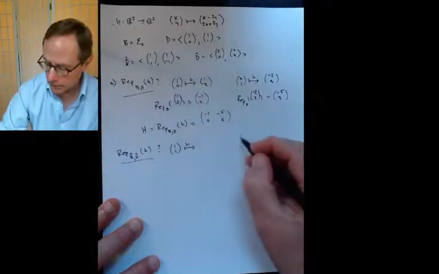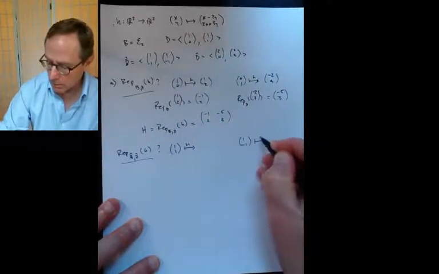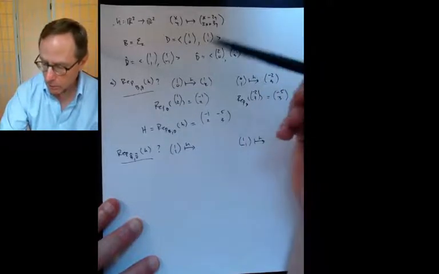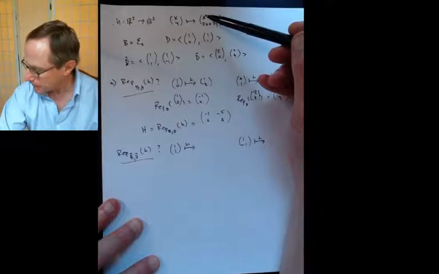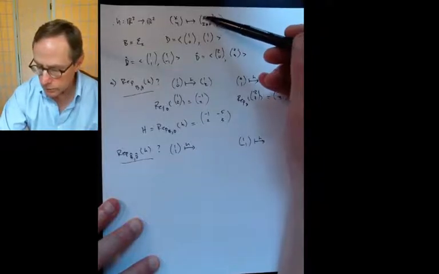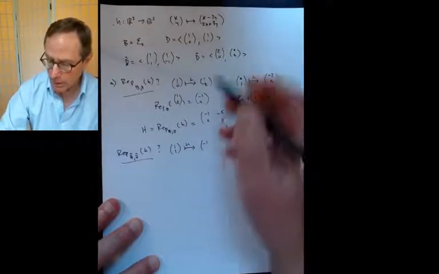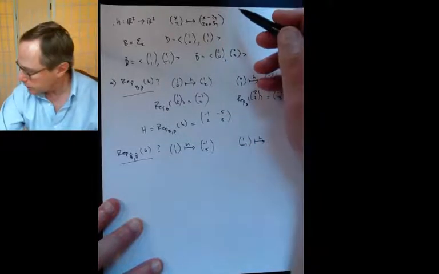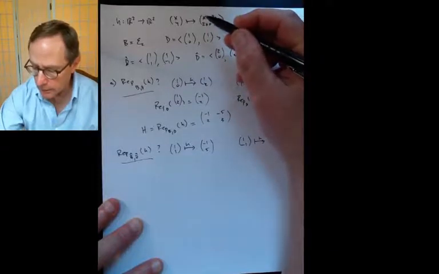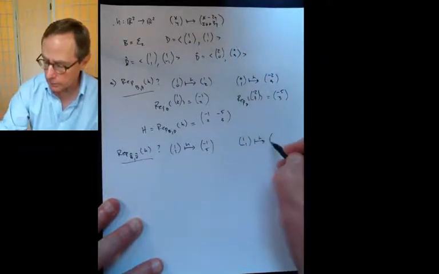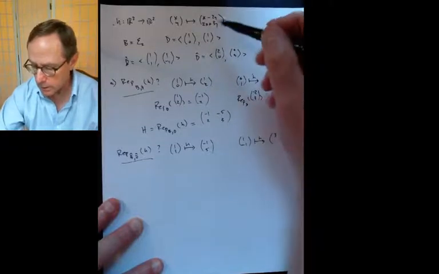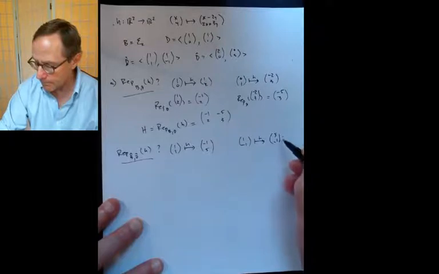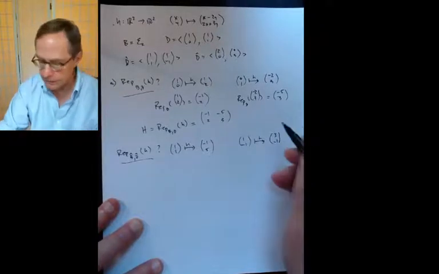So (1, 1) goes to (minus 1, 5), and (1, minus 1) goes to (3, minus 1). I'm trying to do too many things at once here.